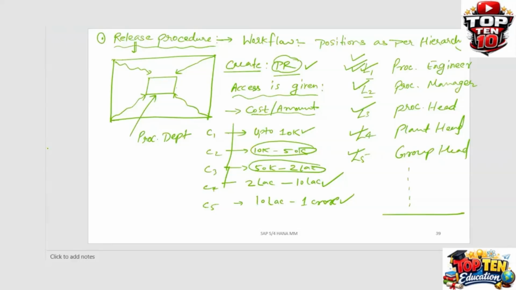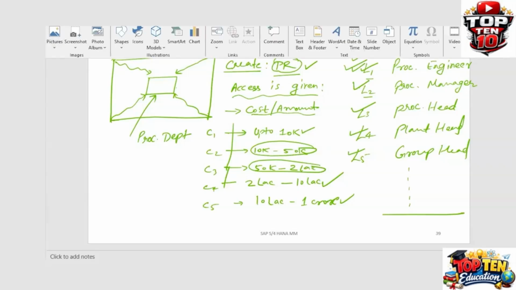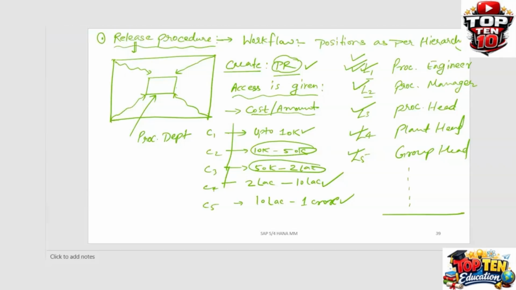So what we do in any organization, the whole analysis, the whole part of creation and releasing will be done not in the external document but in the internal document. So do one thing, create one internal document, maintain what?